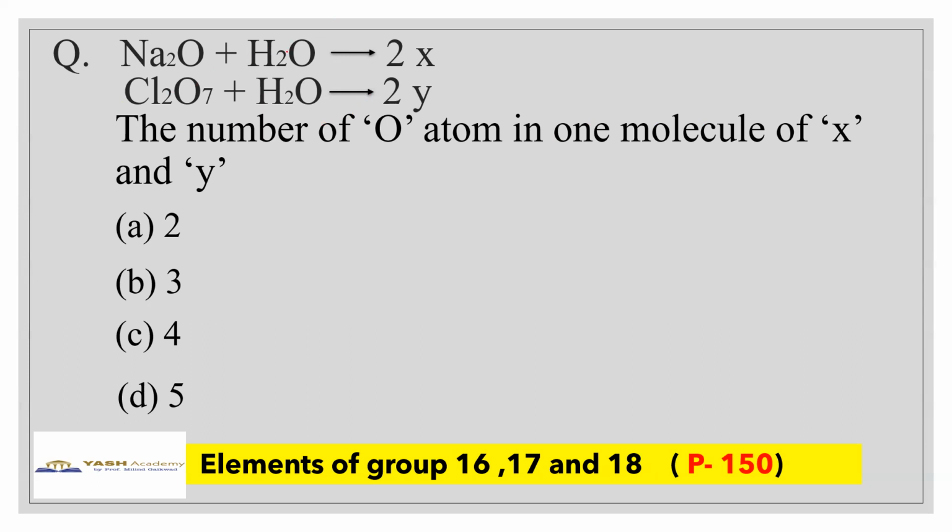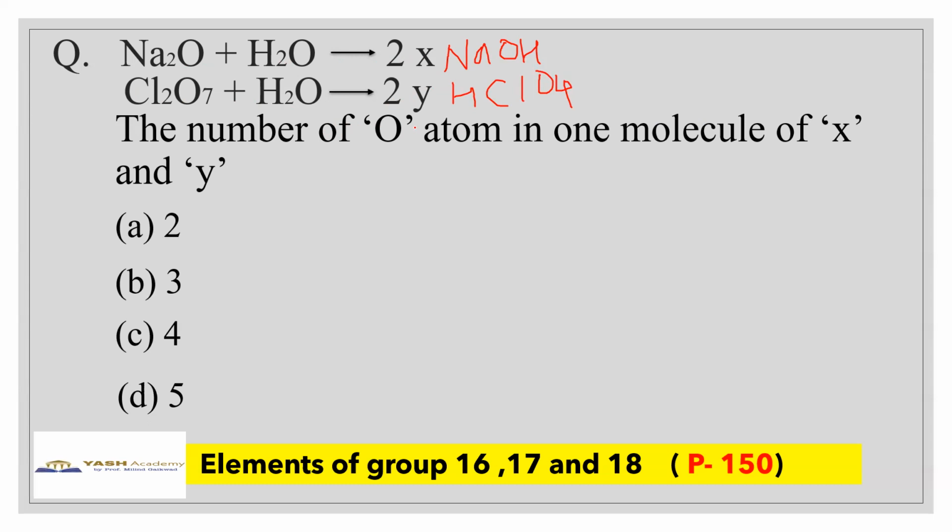Here they have said that sodium oxide Na2O reacts with water to form twice of X, means here 2 moles of sodium hydroxide are formed. Correct. And when Cl2O7 reacts with water, it forms twice of HClO4. Correct.